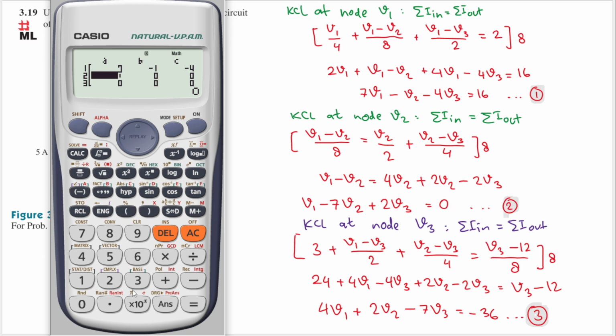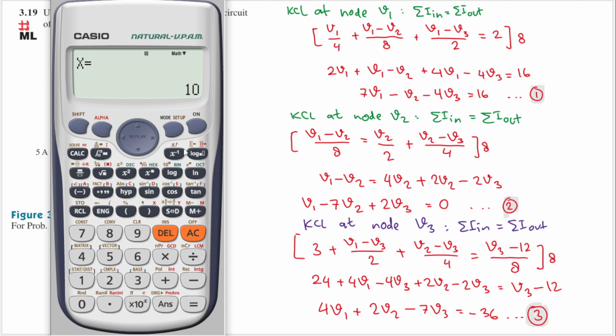Okay, and we will have 1 here, then minus 7, and then 2, and then 0. And the last one, 4, 2, minus 7, and minus 36.